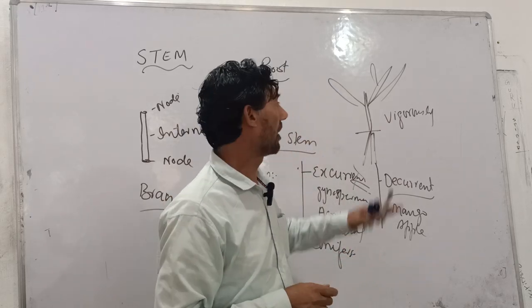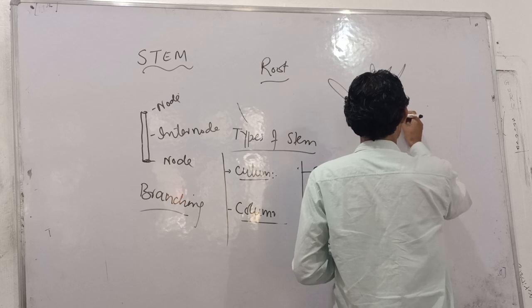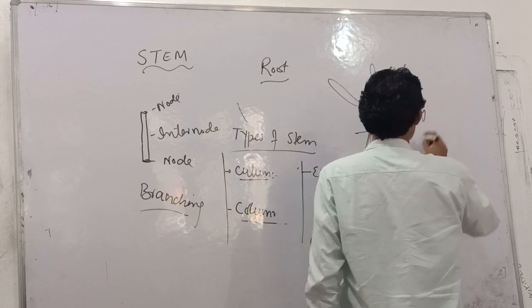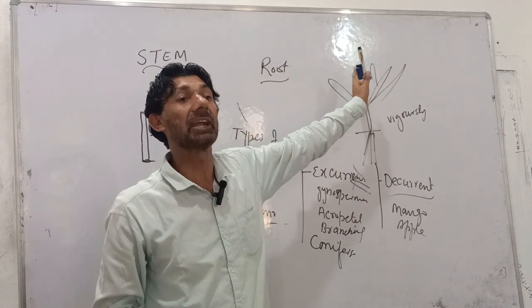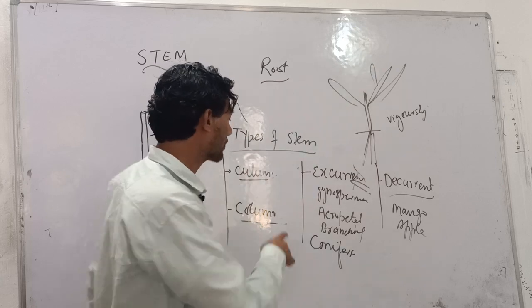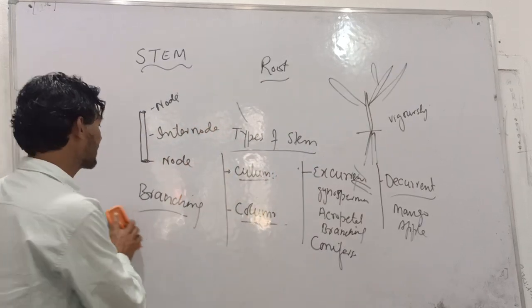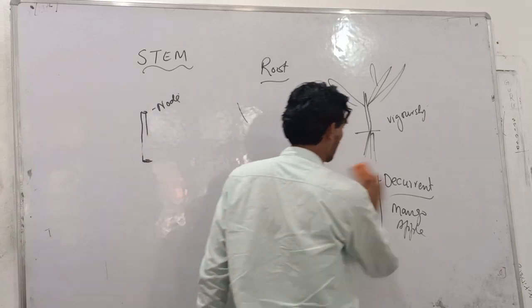The branches on the main trunk grow vigorously, so the main trunk is not prominent in appearance. This is called a decurrent stem. These are called the types of stem.